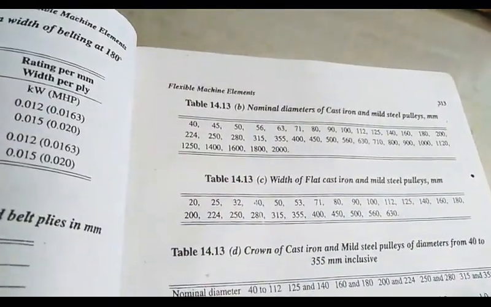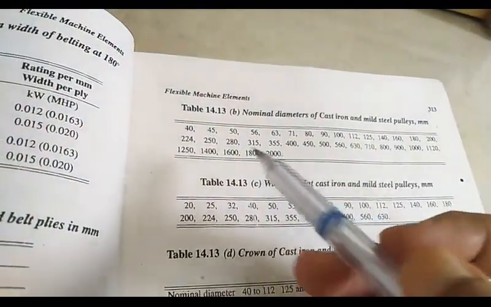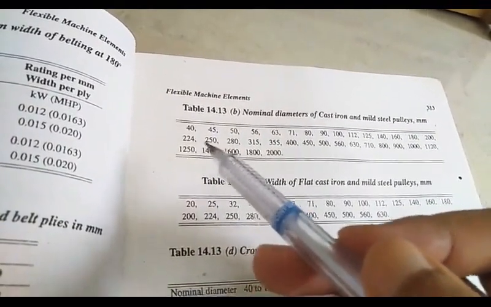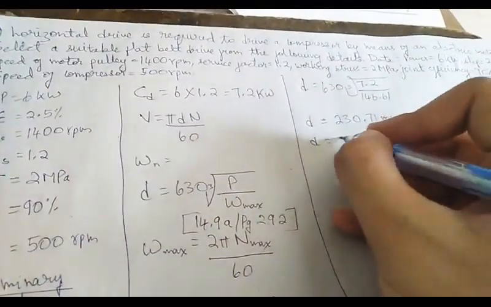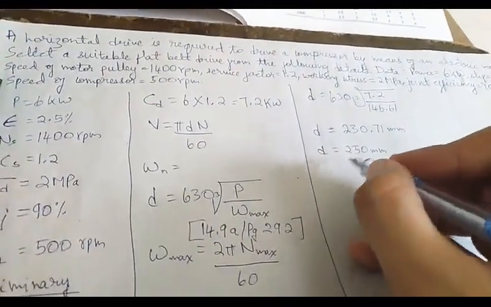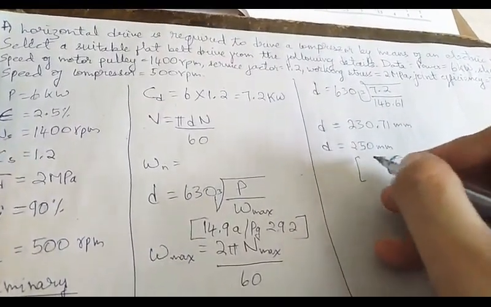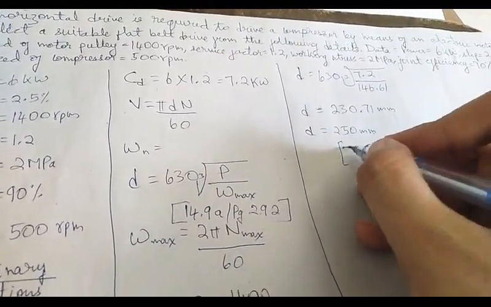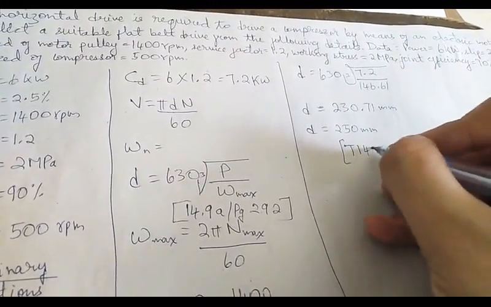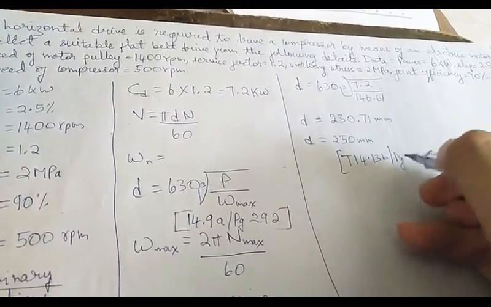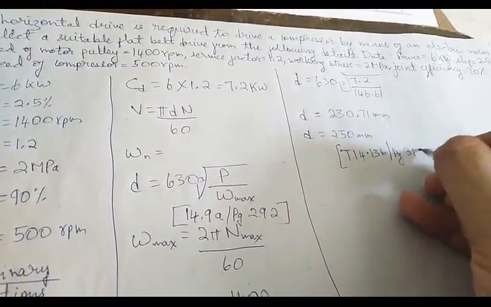We got 230 mm, and here there are 224 and 250, so we shall take the higher value, 250 mm, as the standard diameter.